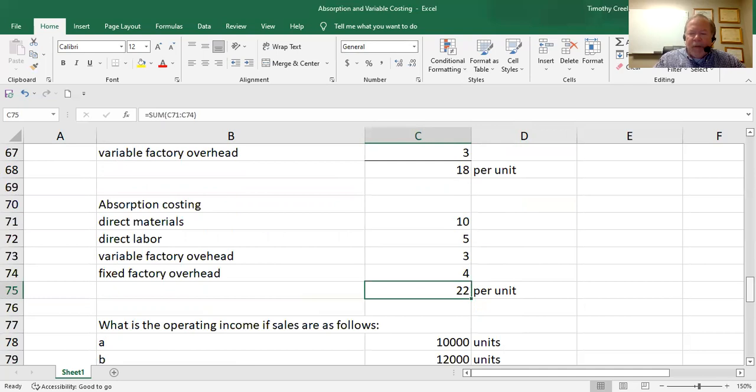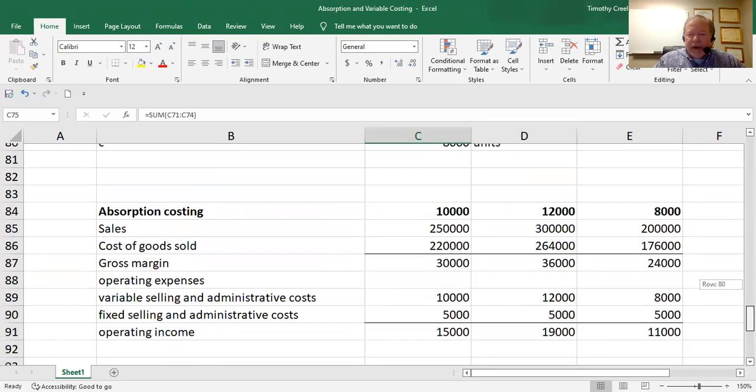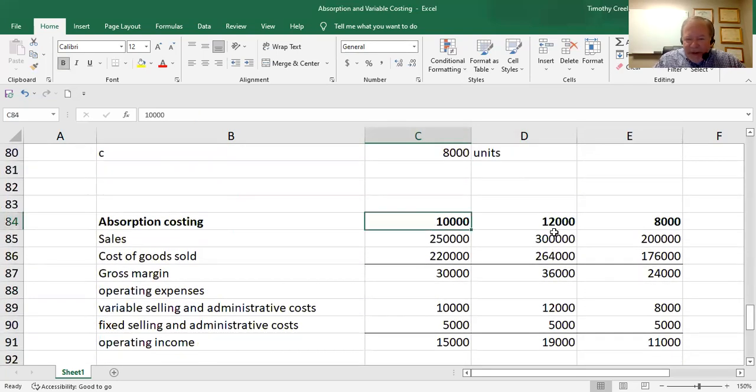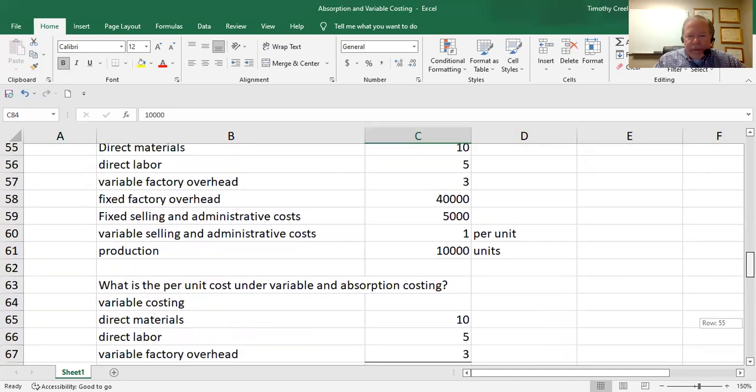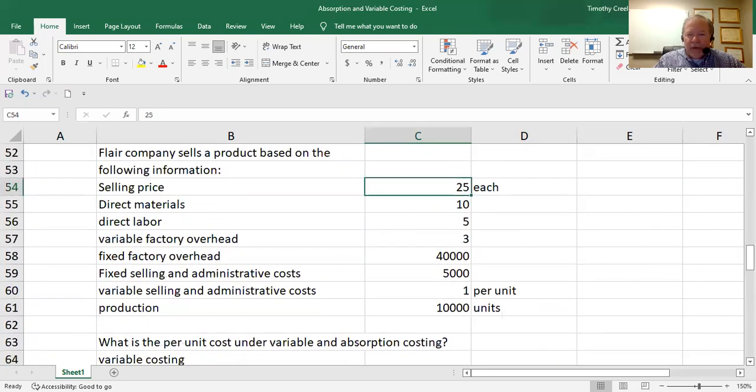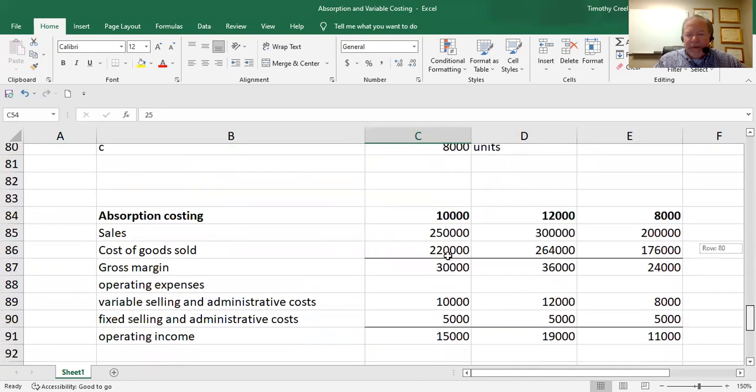So what we would do is let's do absorption costing first. If our sales were 10,000, and remember we produced 10,000 units during this period of time, our sales would simply be the 10,000 units sold times the $25 per unit, and that would give us 250,000.